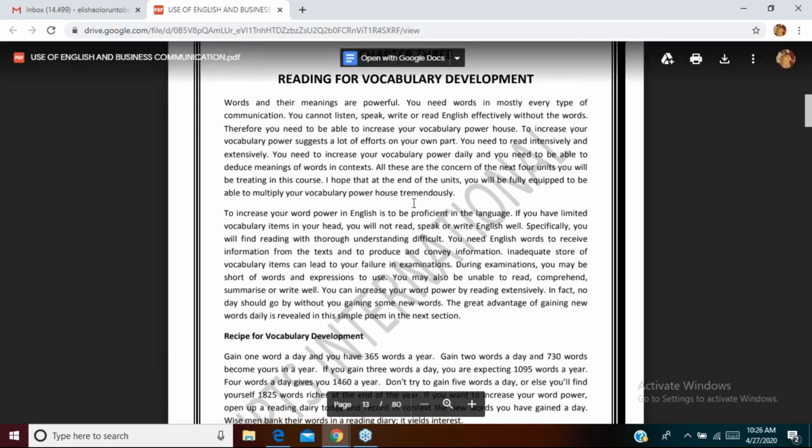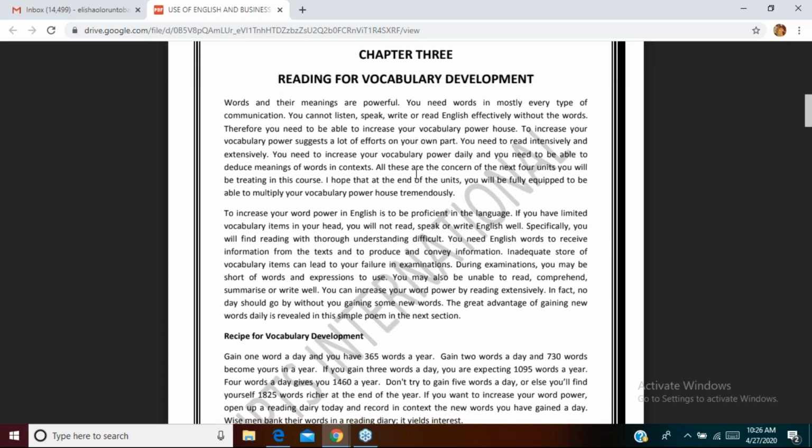Okay, so when we talk about reading for vocabulary development, we say words and their meanings are powerful. You need words in mostly every type of communication. Without words, there's nothing called communication. Communication is a day-to-day activity.